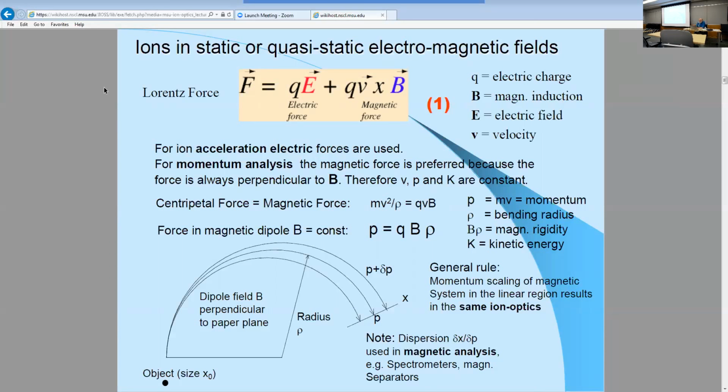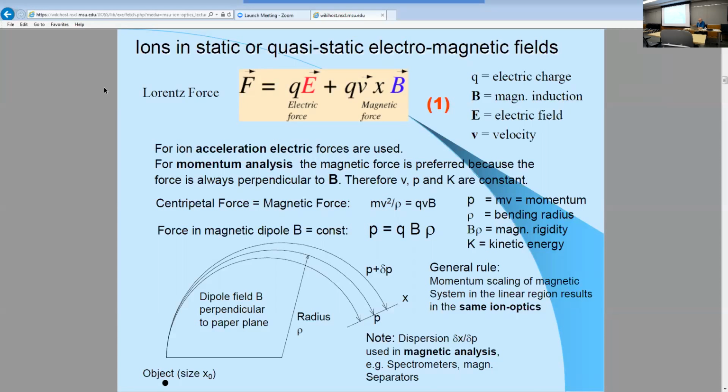You see that the force is parallel to the electric field, so for acceleration, you need an electric field. Because of the cross term, the magnetic field never changes the energy or the momentum magnitude of a particle, because the force is always perpendicular, which is nice for analysis where you want to know the properties of the beam and not necessarily accelerate it. But as you will see, in the recoil separators we will also need an electric field, because otherwise we cannot get the mass separation that is the issue there.